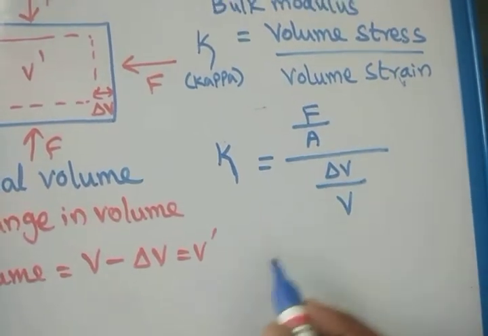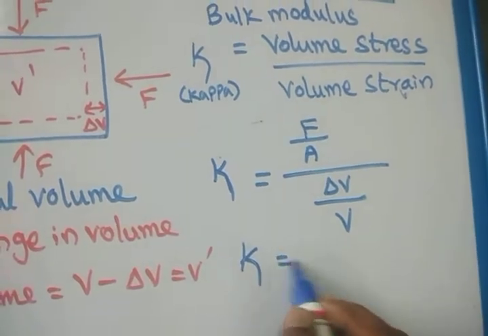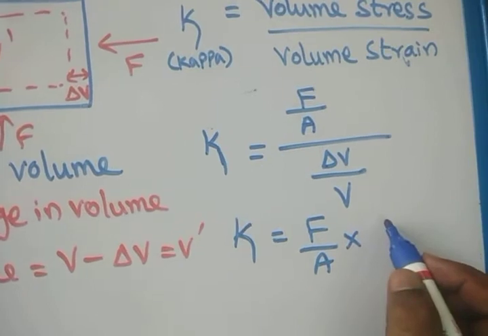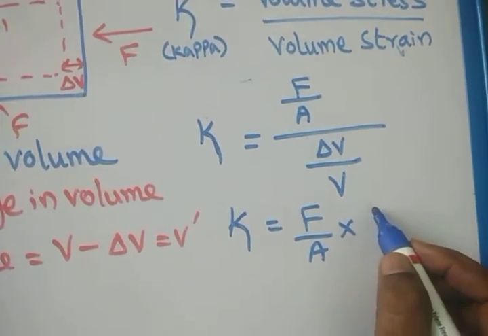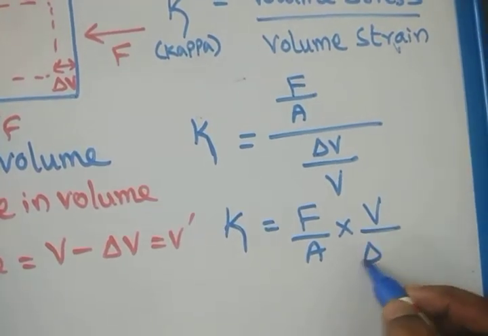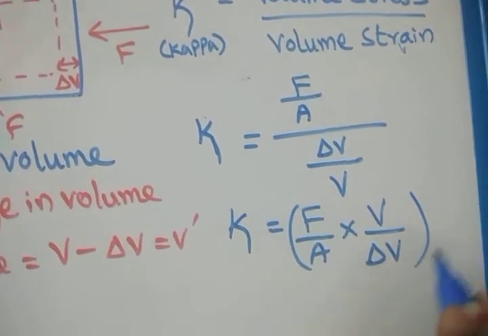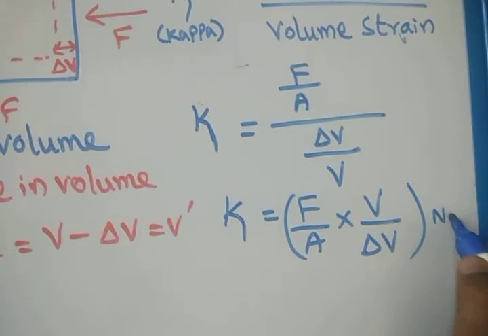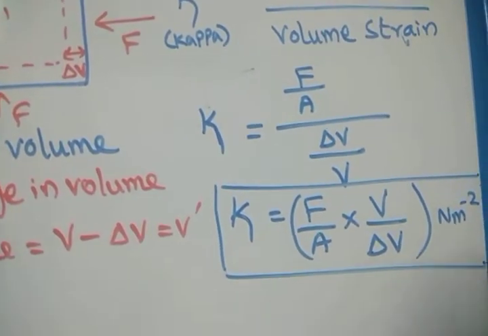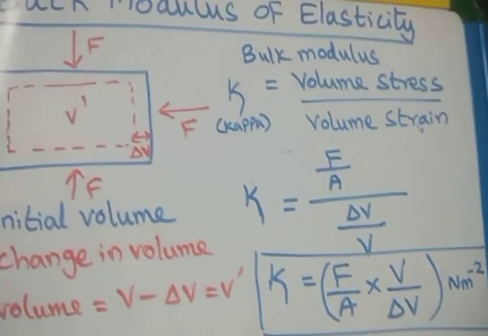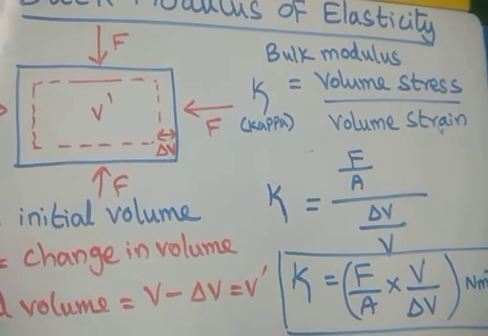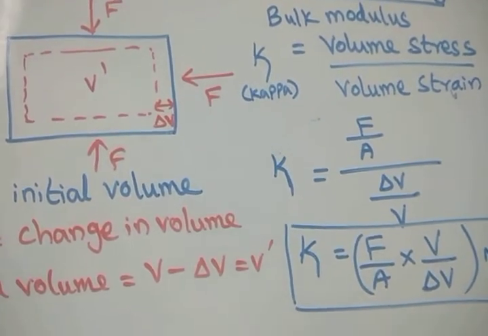So the bulk modulus kappa is equal to F by A into V by delta V; the V will come upward. What is the SI unit of bulk modulus? Here also Newton per meter square. For all the moduli the SI unit is Newton per meter square. Very simple concept: volume-wise change means bulk modulus, and lengthwise change means Young's modulus.